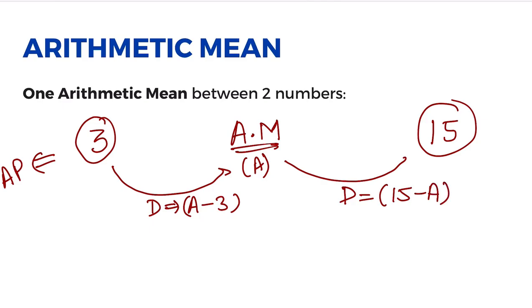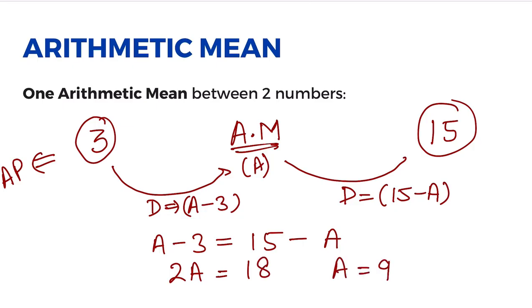So a minus 3 has to equal 15 minus a. Simplifying, 2a is equal to 18, a is equal to 9. So if I put a as 9, you can see that the number 9 makes this series an arithmetic progression. That is why this is an arithmetic mean.